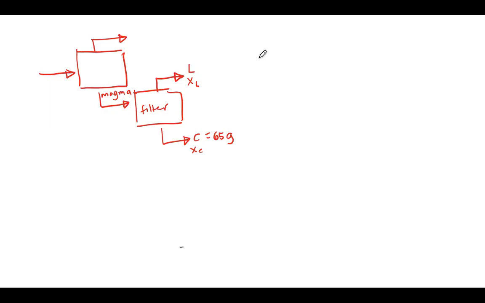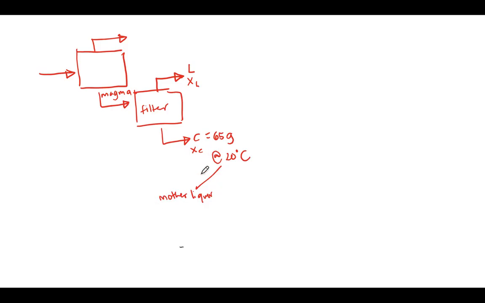So here you have 65 grams at 20 degrees Celsius, and it has 5.8 mother liquor.